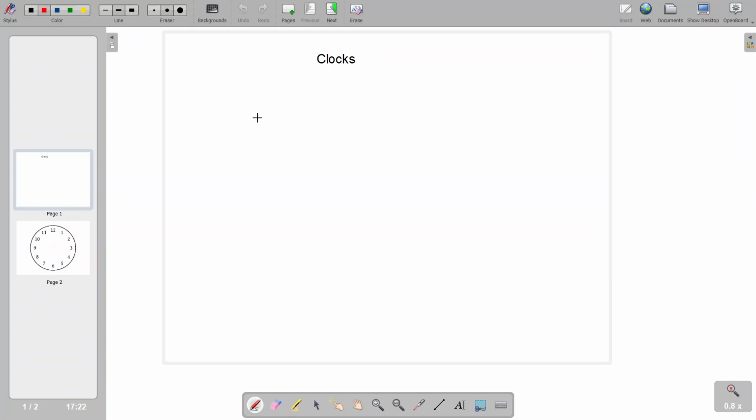First I will take a mirror image. What is the mirror image of 7:30?